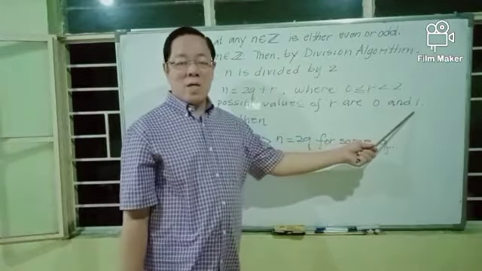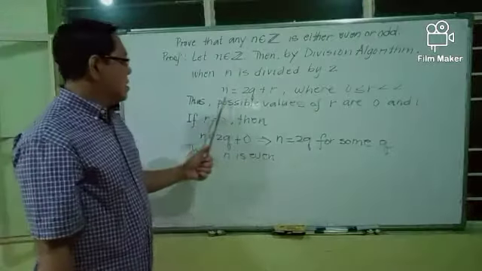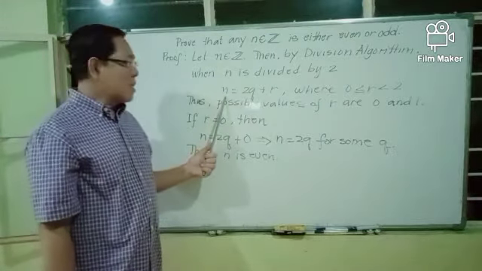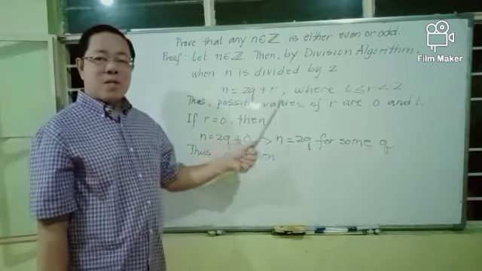R is 1. If the remainder R is 1, then the integer N is equal to 2Q plus 1.